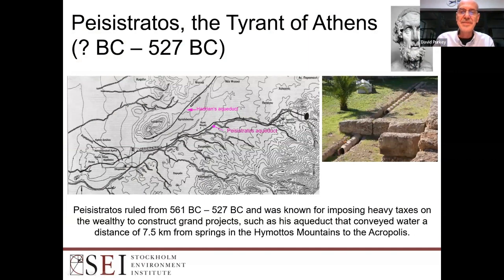And he was famous because he took dramatic steps to help improve the water supply situation in Athens. He was actually leading the Athenian city-state when the aqueduct was constructed to convey water from springs in the adjacent mountains 7.5 kilometers to the center of the Acropolis.